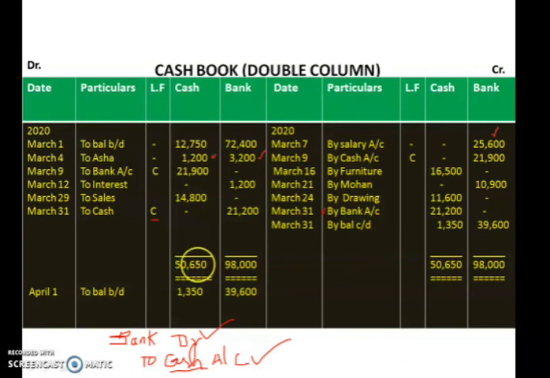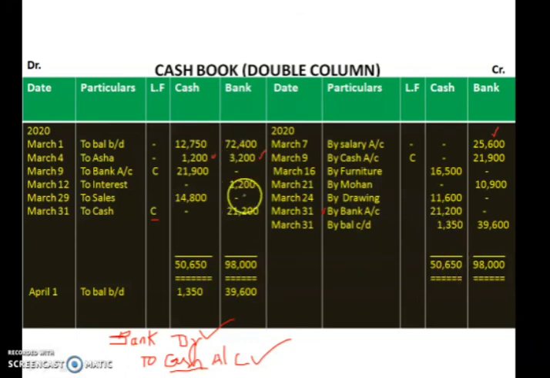So when you make the total of the debit side, you will get 50,650. But your credit side will not be showing 50,650. It will be short by 1,350. So this short amount you can represent by balance carried down. Write down by balance 31st March, by balance carried down, and the amount 1,350 can be written over here.